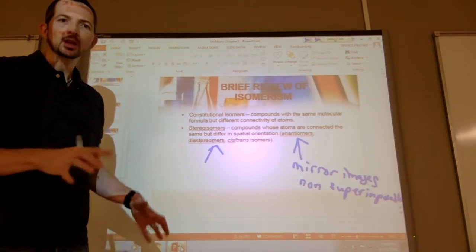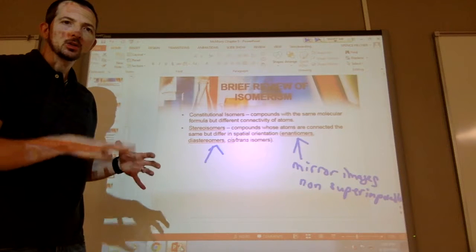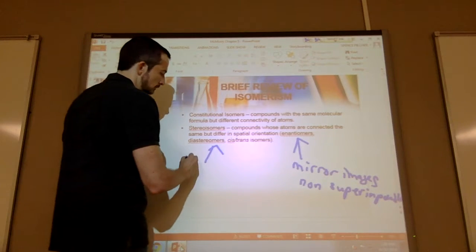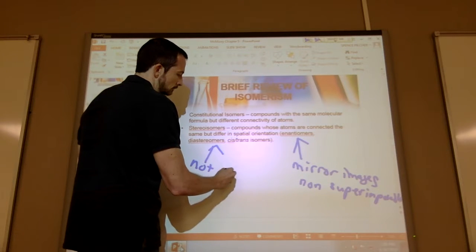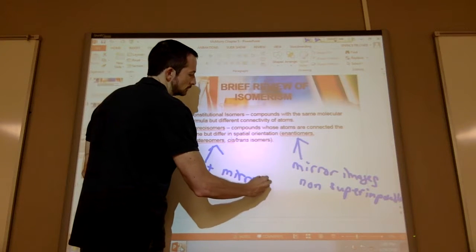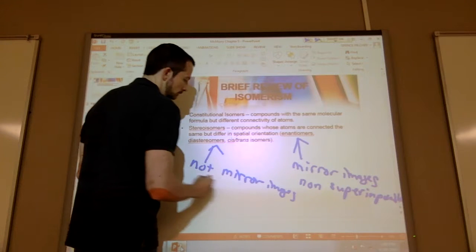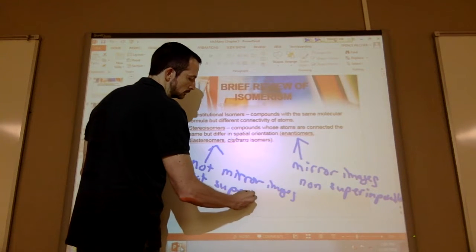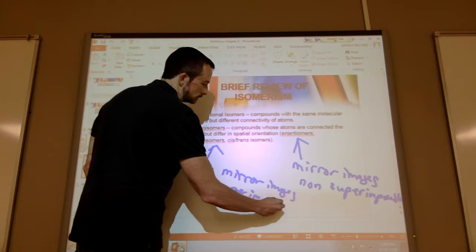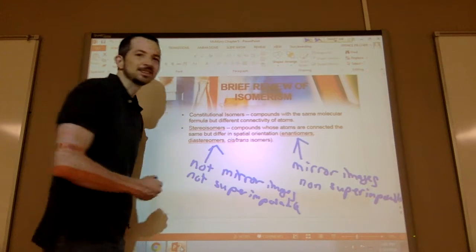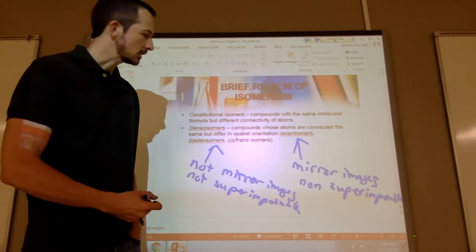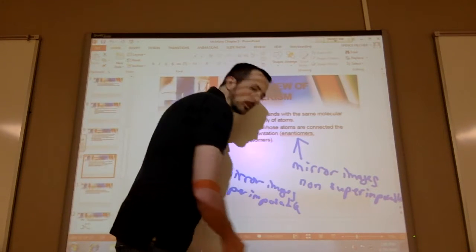Diastereomers, they're connected the same way, you cannot superimpose them, and they're not mirror images. Cis and trans isomers would be an example of diastereomers. Let's look at a problem from your textbook.